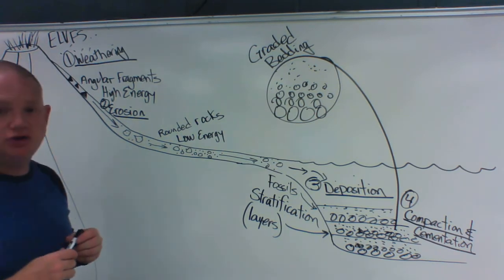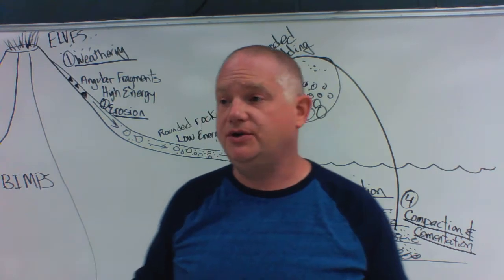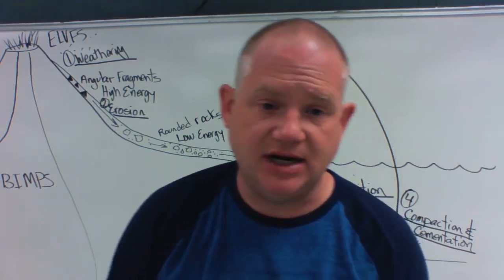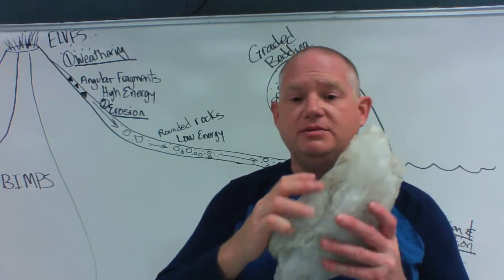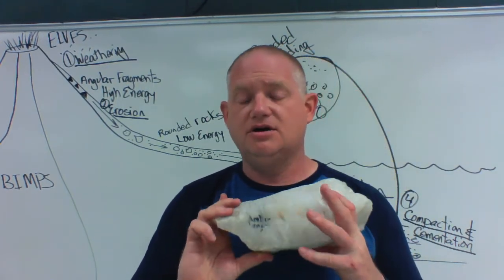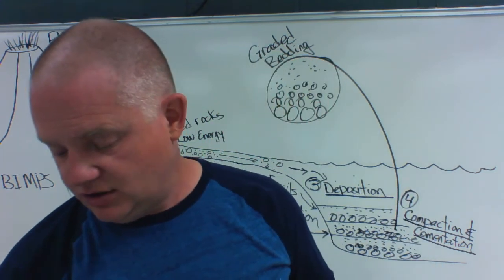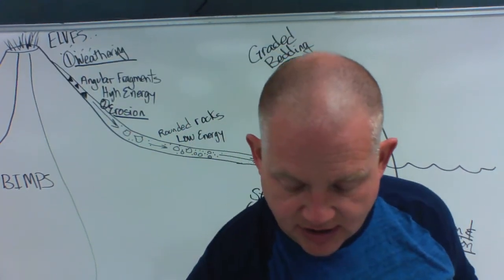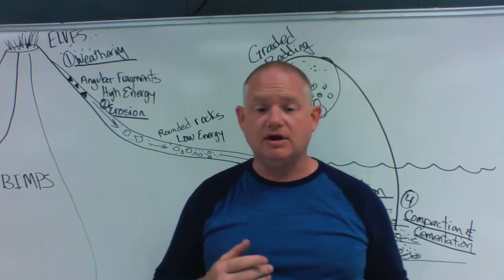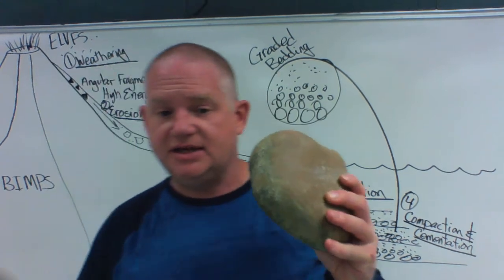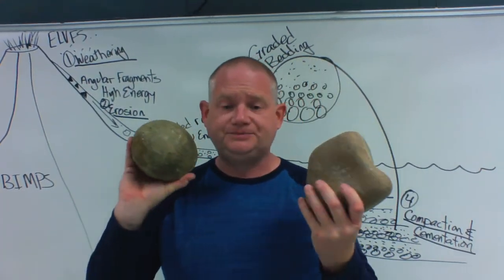So things for you to learn, things for you to pay attention to, is that particles, when they're high in the mountains and high energy streams, are going to be very angular, right? They're not rounded at all. But as they tumble through a stream, and you go down to the Roanoke River and you look in our basically flat-lying river that's not high on a mountain, and you see rounded stones like this, both of these are out of the Roanoke River.